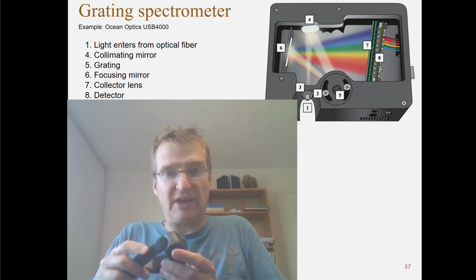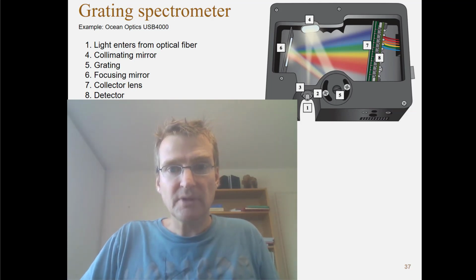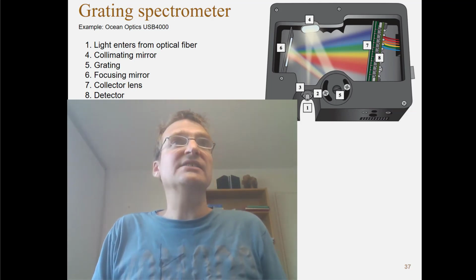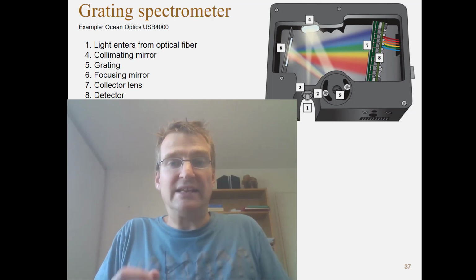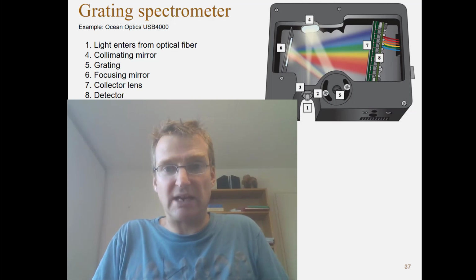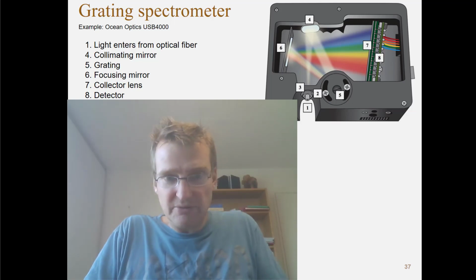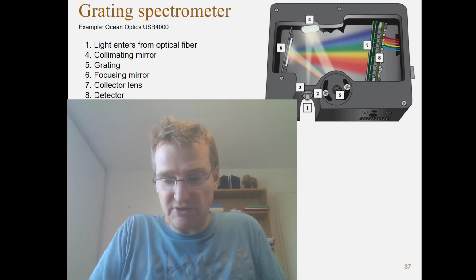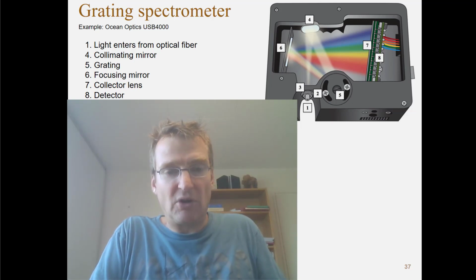We'll talk a little bit about how they work. And I will also analyze the light from a red LED, which I have behind me here, which just sits on a power supply, so you will see what that looks like as well. Okay, so I will swap so that you can see the output from the spectrometer.